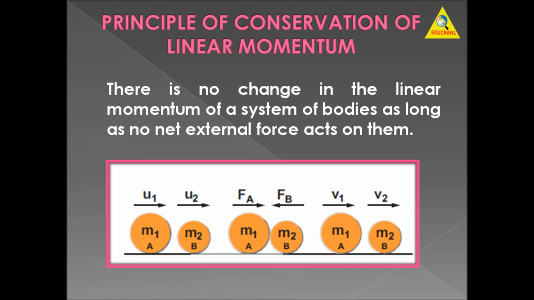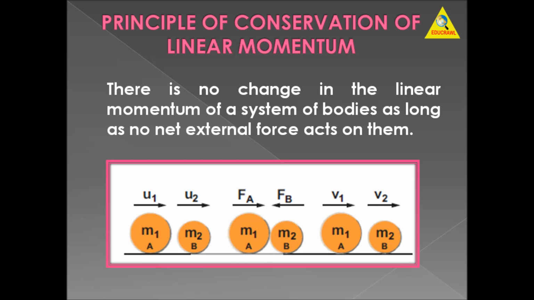Here, object A of mass m1 is moving with the initial velocity u1, and object B of mass m2 is moving with the velocity u2. After a time interval t, both of them collide with each other. Due to this collision, they mutually exert some force on each other. Fa is the force exerted on B due to A, and Fb is the force exerted on A due to B. After that, both objects move with different velocities v1 and v2 respectively.